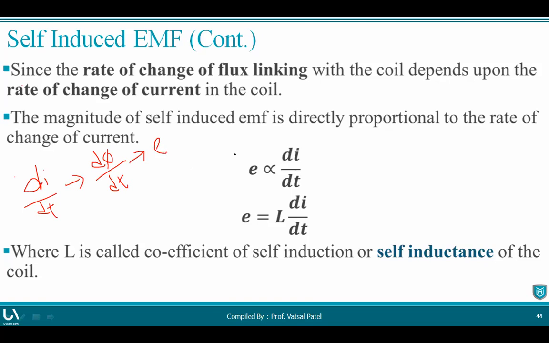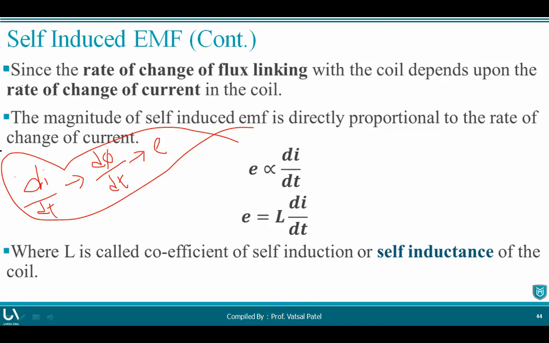So that is the thing given here. The rate of change of flux linking with the coil depends upon how much the rate of change of current is in the coil. So that's why it is directly written that E is proportional to di by dt. And if we remove the proportionality, it is written as E is equal to L di by dt, where L is the coefficient of self inductance of the coil, or simply the self inductance of the coil.